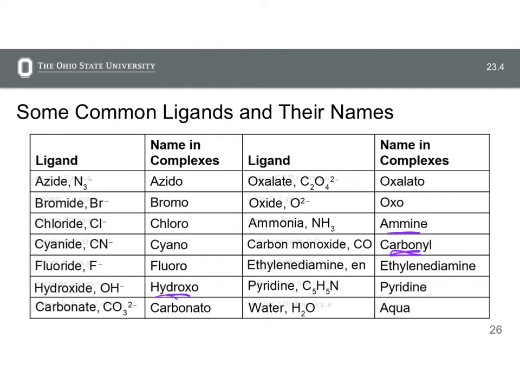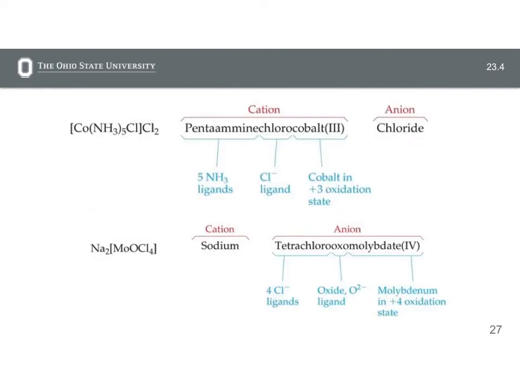So usually the ending of the name gets changed a little bit just to make the name roll off the tongue. For instance, pentaamine chlorocobalt 3 chloride is the name of this structure. Like I said, be thankful we are not having to do this.